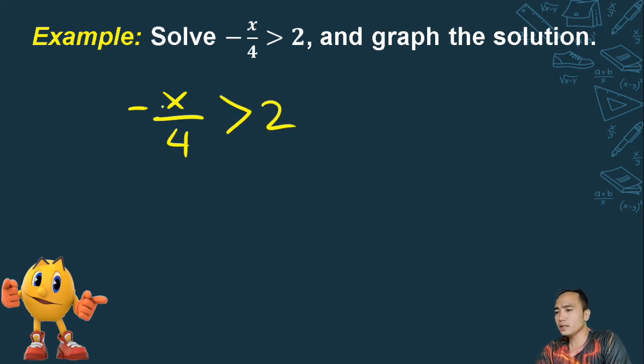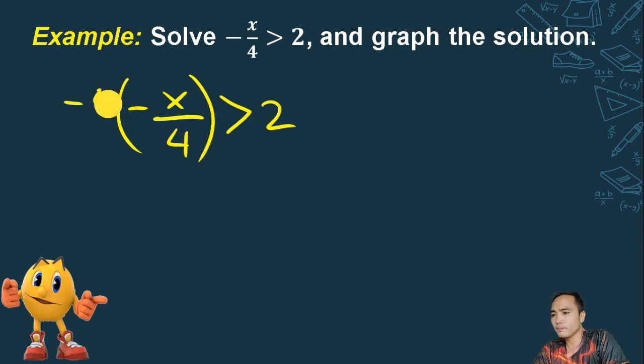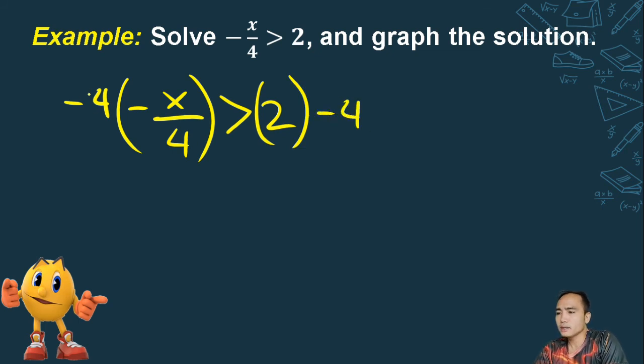Okay, so we know that there is a 1 here. If we get the reciprocal of negative 1/4, that is negative 4 over 1 or negative 4. So we're going to multiply both sides by negative 4, because negative 4 times negative 1/4 is 1, or just x.